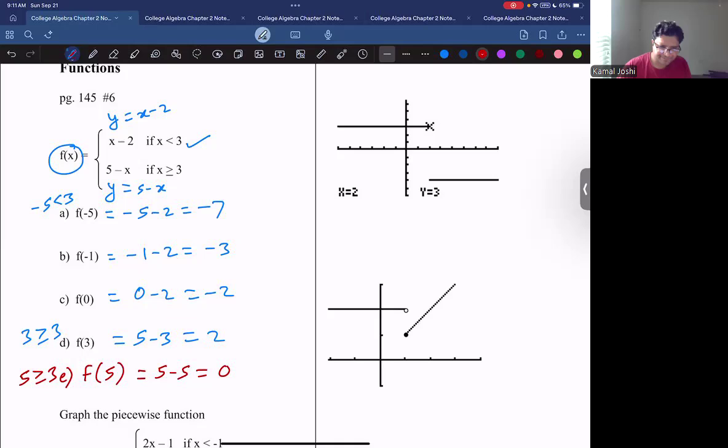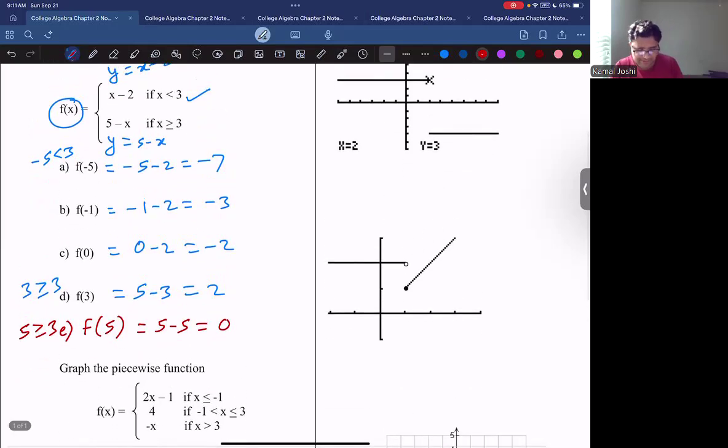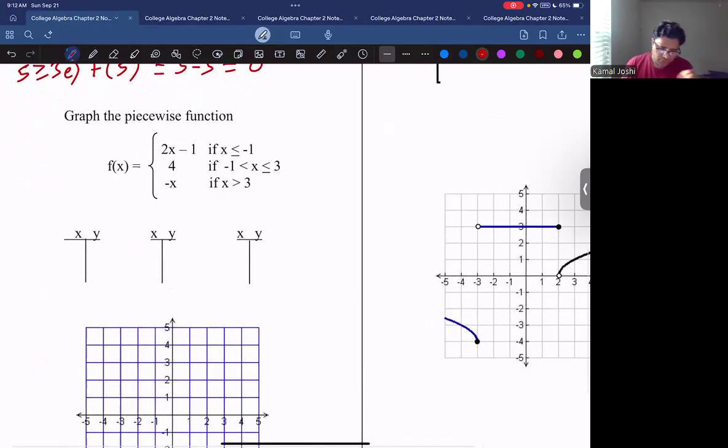So basically, you have to choose which rule to apply depending on the input value. Sometimes there are more than two rules. So you have to see which of the parts that particular x value belongs to, and then apply the corresponding rule.